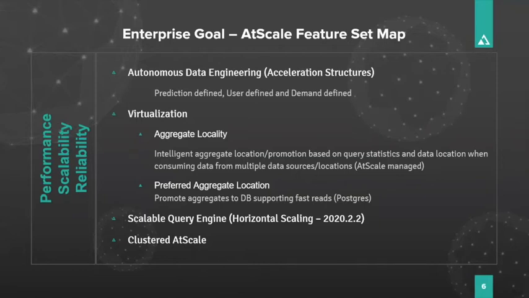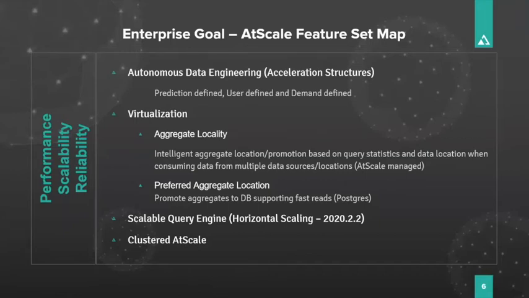Because what AtScale will do is, let's say you're connecting to the cloud and you have an on-premise data source as well. AtScale will intelligently promote the aggregates to the location where it feels that query performance will be optimal, right?